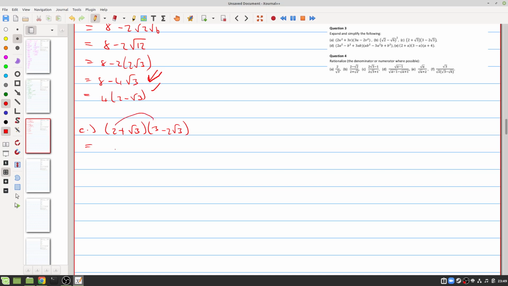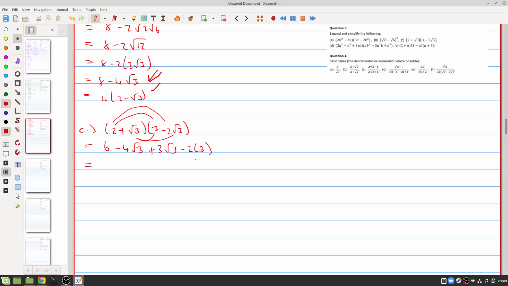Okay, so 2 times 3, 6. 2 times negative 2 root 3 is negative 4 root 3. And root 3 times 3 is plus 3 root 3. And root 3 times negative 2 root 3 is going to be negative 2. And root 3 times root 3 is 3. Right, square root of 3 times square root of 3 is 3.